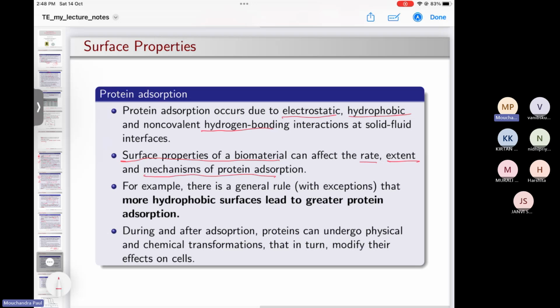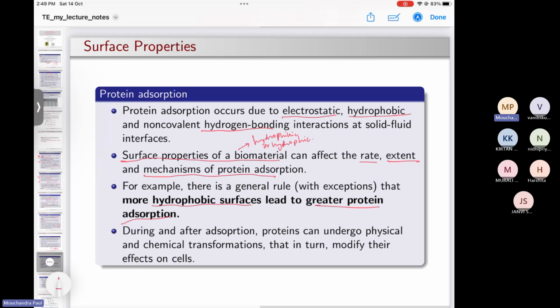So this part basically hints on whether the biomaterial is hydrophilic or hydrophobic. What I'm trying to say is, a hydrophobic surface will adsorb protein differently, whereas hydrophilic surfaces will adsorb protein differently, and indirectly it will then affect how the cells adhere on the surface. A general rule is, if the surface is highly hydrophobic, then protein adsorption will happen a lot.